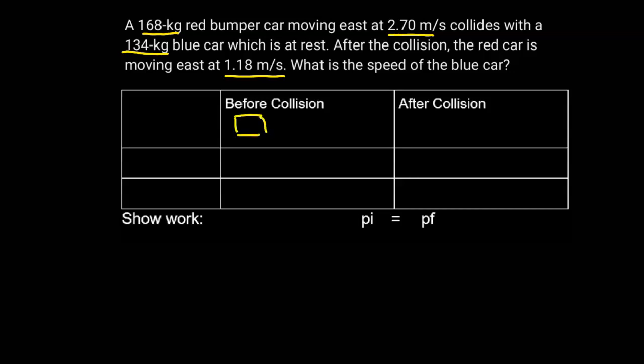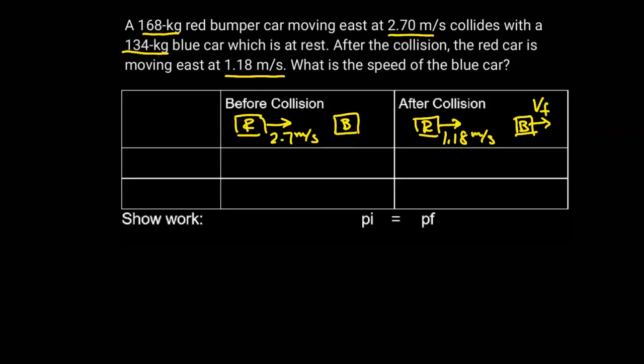So here we have a red car initially moving at 2.7 meters per second. Then we have a blue cart not moving. And then afterwards, the red cart is moving not as fast, 1.18 meters per second. And the blue cart now is moving, and we're looking for that.